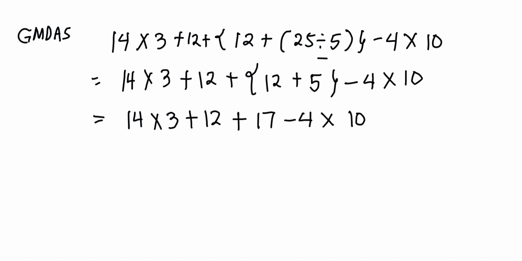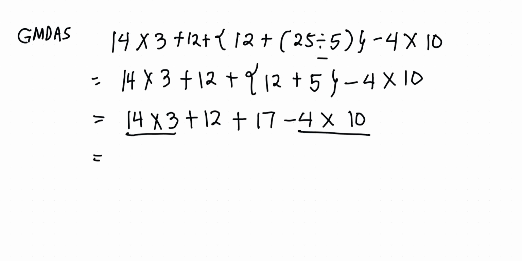Okay, now we have, how many operations do we have here? Do we have multiplication? We have addition and subtraction. So we have to solve first the multiplication. As we can see here, we have to solve 2 multiplications here, which is 14 times 3 and 4 times 10.